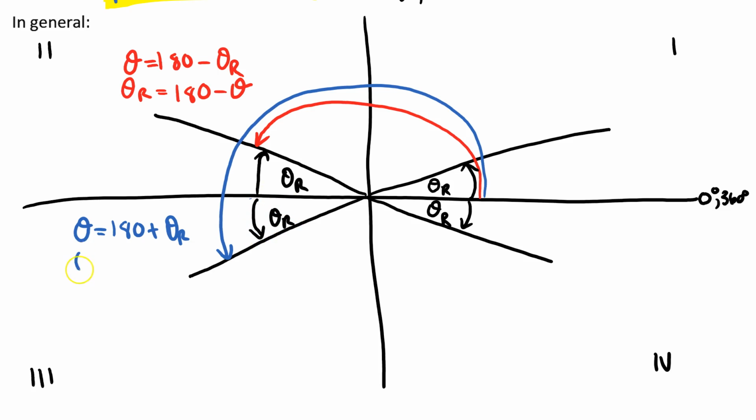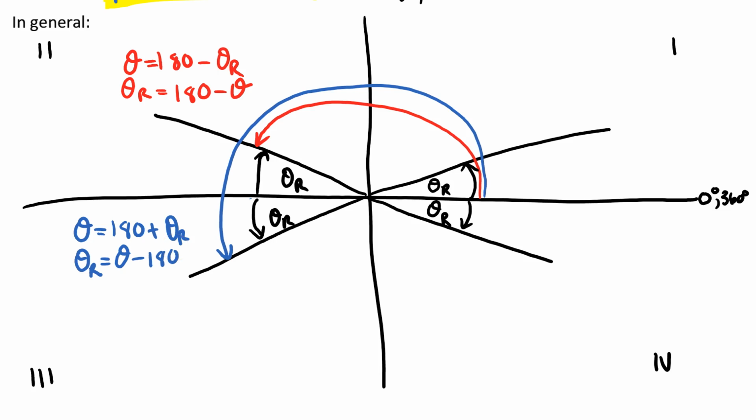Or if you're being asked for the reference angle, you take this whole angle starting from 0 and subtract 180 from it, because then you get the distance between the x-axis and the terminal arm. So I take the angle I've been given and subtract 180.